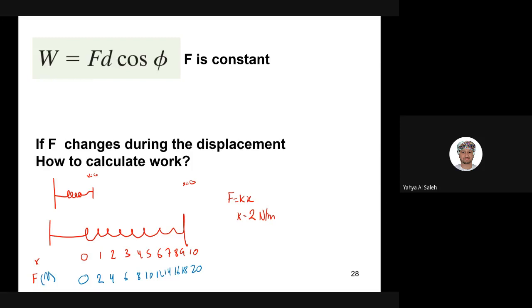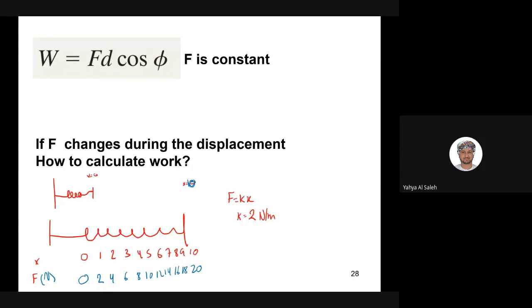Which one of these forces do I plug in to calculate the work? If I want to do Fd cosine theta, which force do I plug in? My distance is 10. Okay, but which force do I put in?